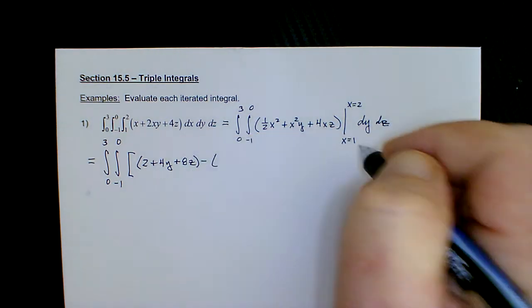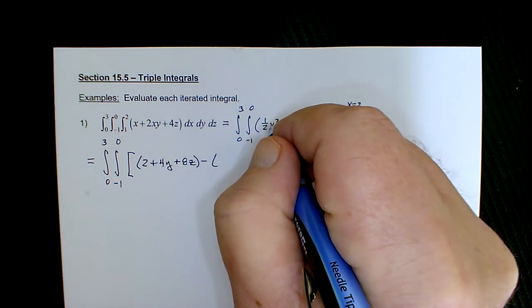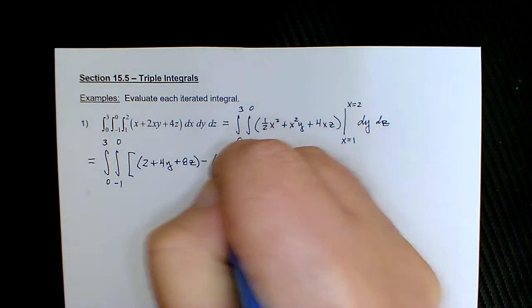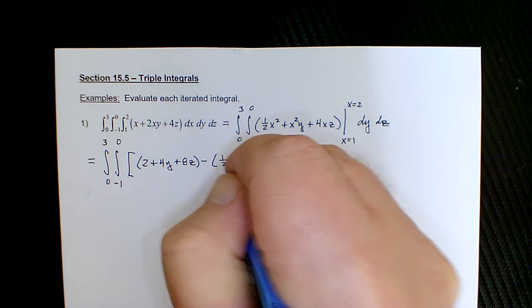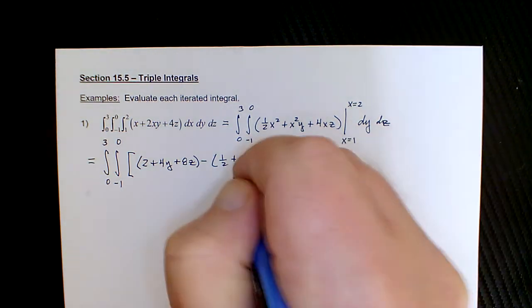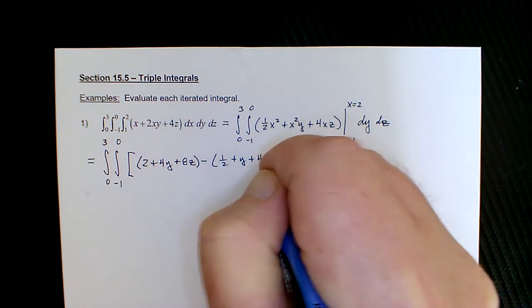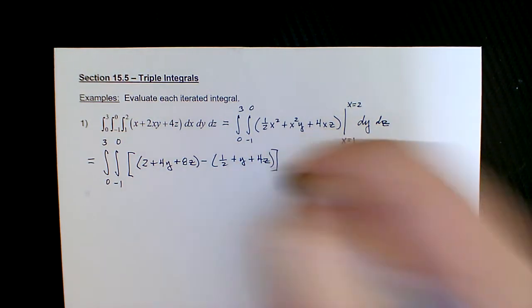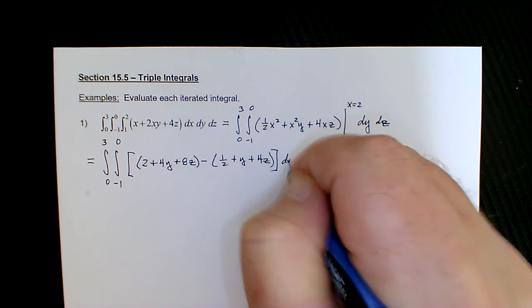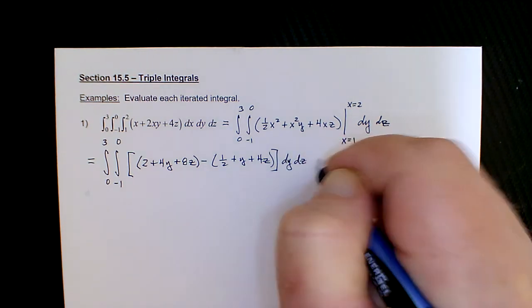And then minus lower limit goes in, so now x is 1, so that gives us 1/2 plus y and plus 4z. And then that's with respect to y and with respect to z.